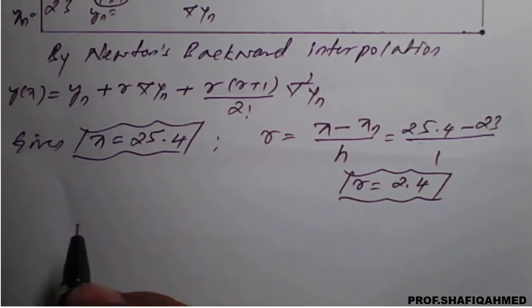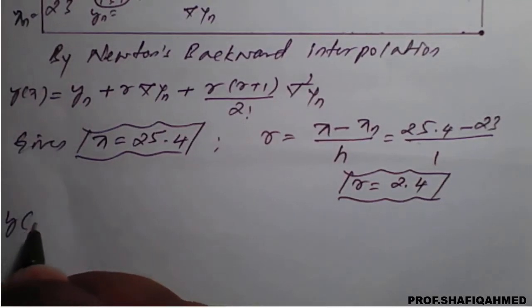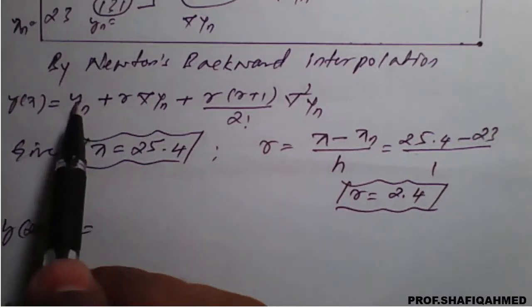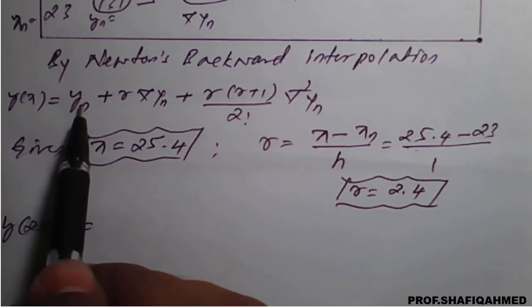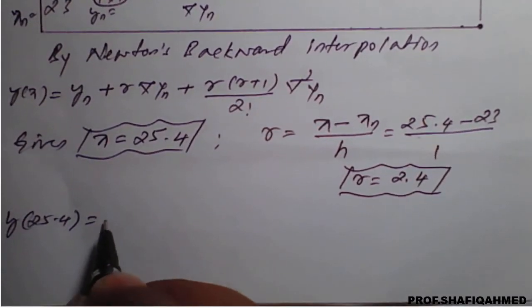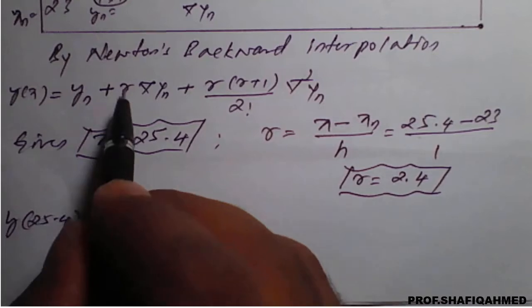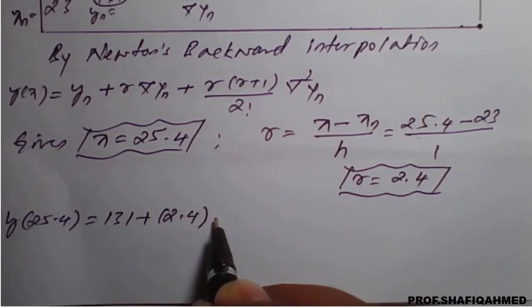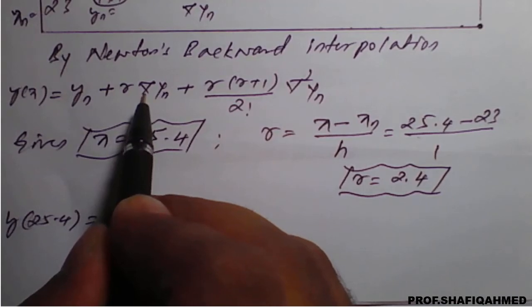Now we need to find y of 25.4. In the above formula, yn from the table is 131. So it is 131 plus the r value 2.4 into nabla of yn.